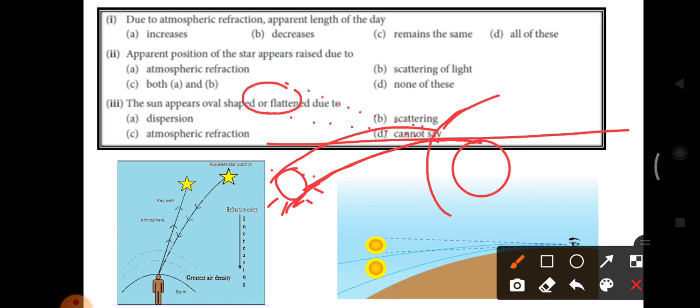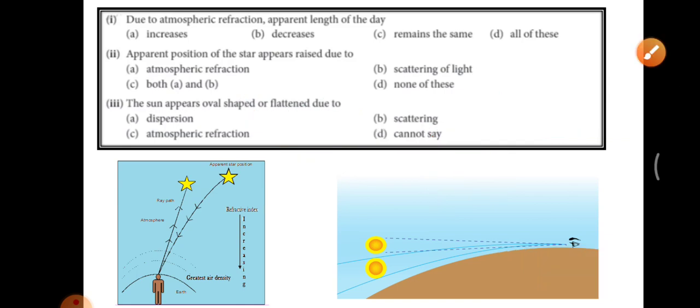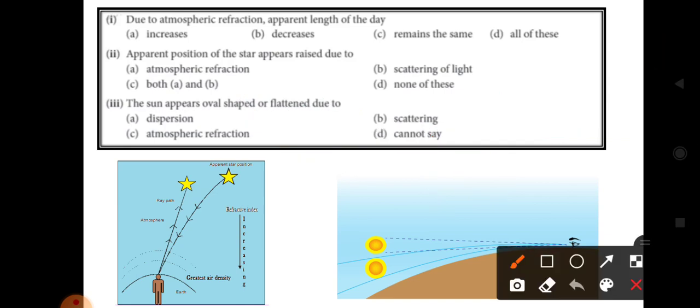So if you draw, the shape of the sun is flattened. And in this picture they have given it clearly. See here, when the sun is below the horizon, it is in a round shape. Due to the refraction, the sun is a little flattened. That means it is oval. So due to the atmospheric refraction, the sun appears oval.